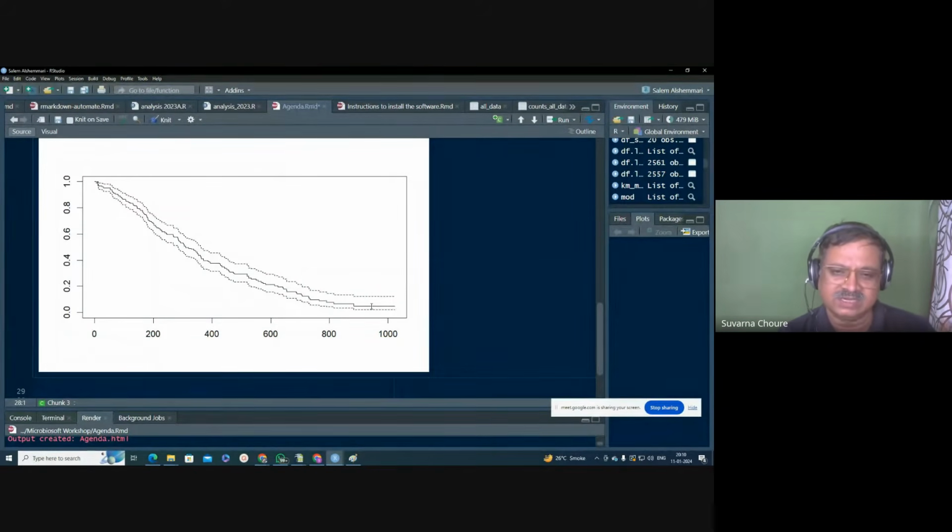After these 2.5 years, most of those patients studied here died. Only 10% survived beyond 1,000 days.